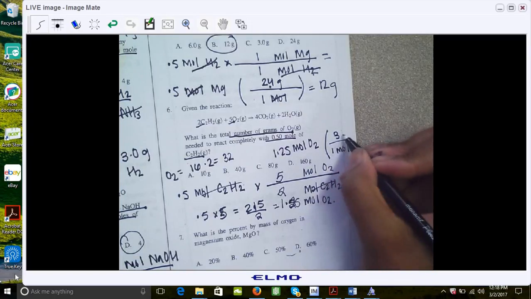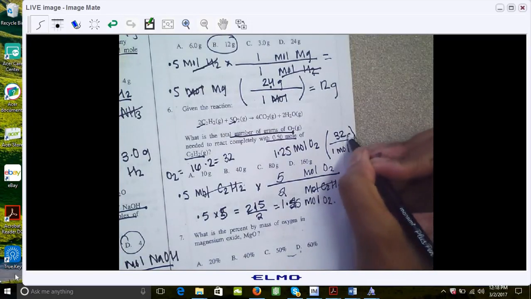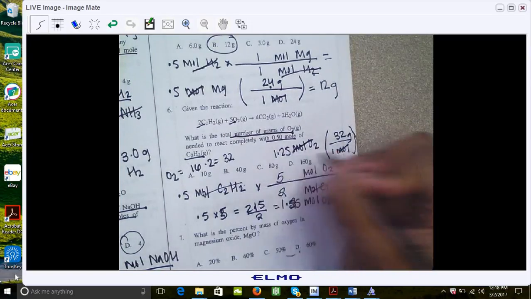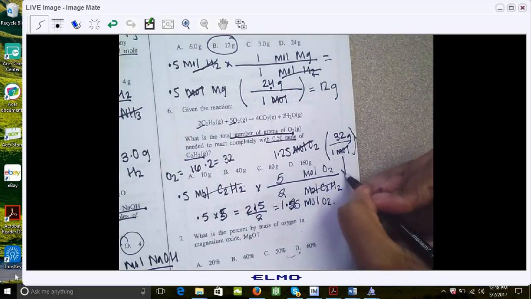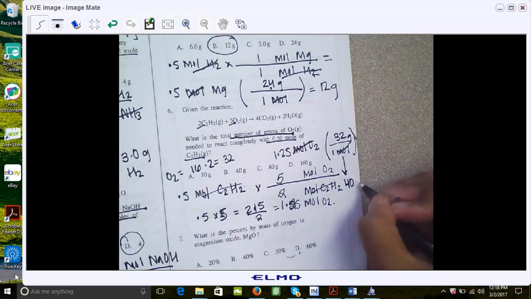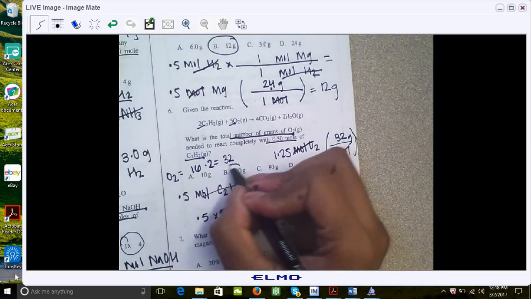So multiply that by 32 grams. My moles cancel out, and that's going to give me an answer of 40 grams. I make my answer B.